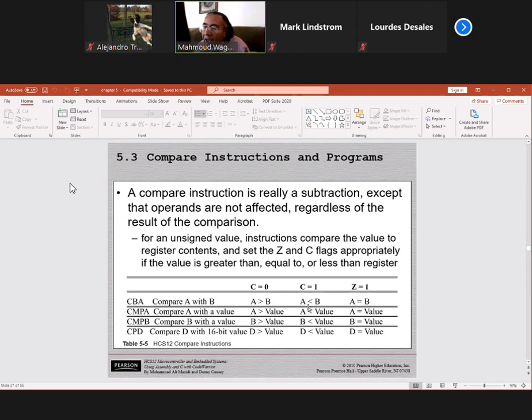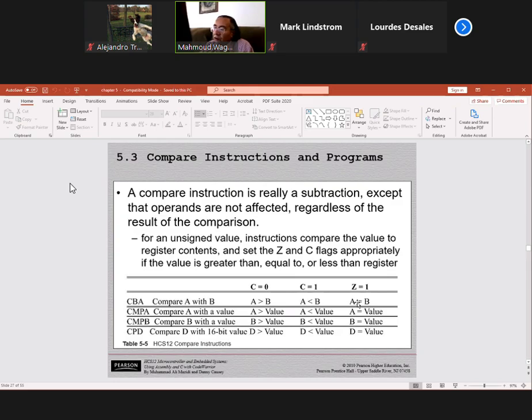Now, if A is equal to B, then what are you going to get? You're going to get a 0 as a final result for the process, but that 0 is not going to reside ultimately in the accumulator. You're not going to see that 0 anywhere, except that the Z flag is going to go high, indicating that the two numbers are equal.